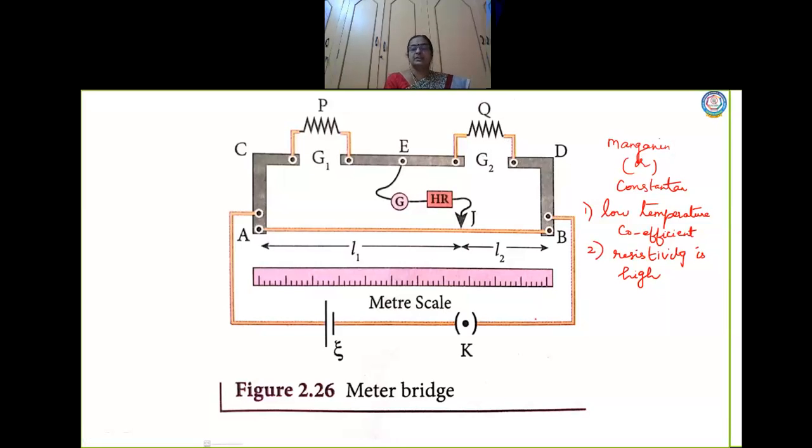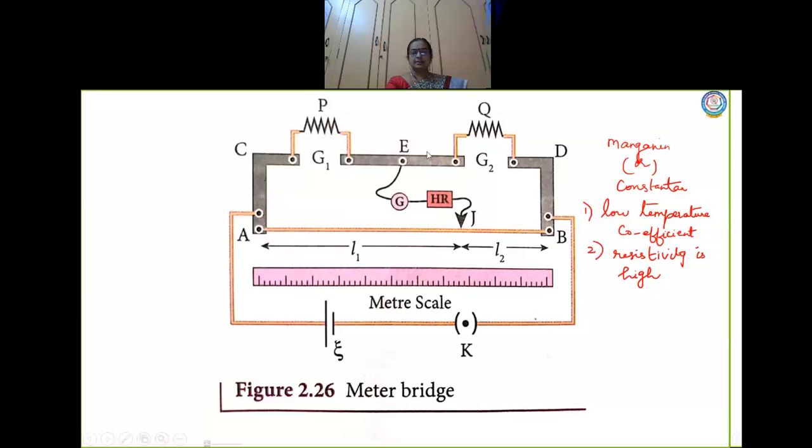In the lab we have what is called a resistance box, which can be connected in the gap G2 and we can fix the value of the resistance. Is it clear, children? The next step is to connect a galvanometer.